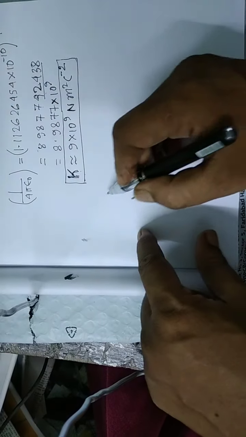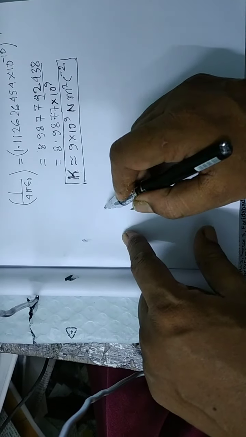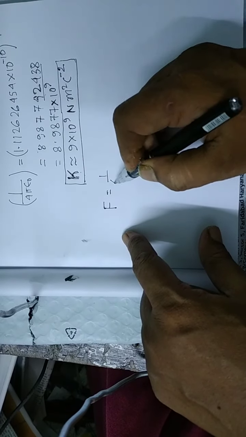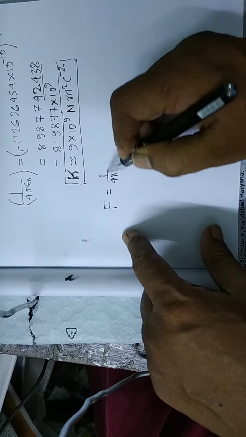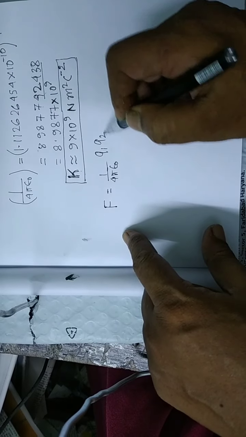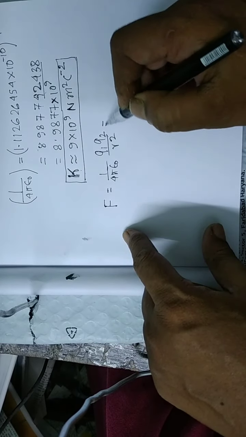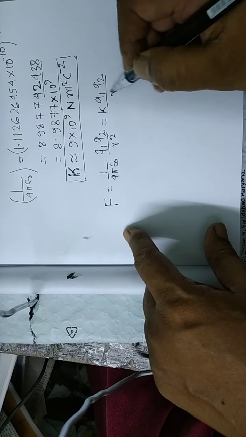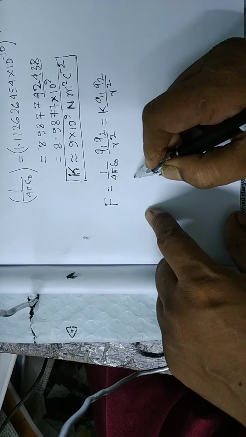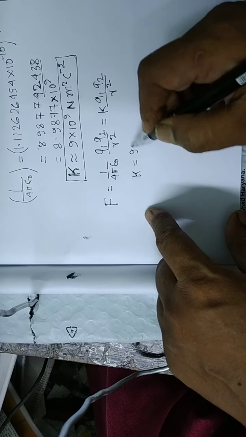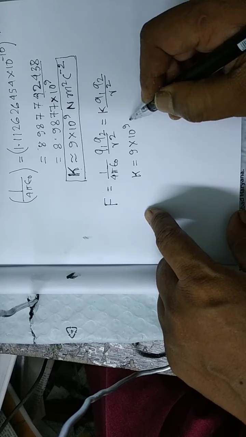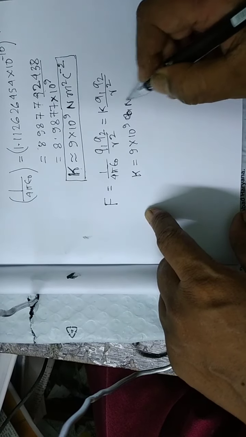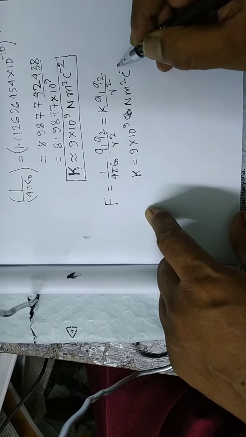So the force of attraction or repulsion equals 1 by 4 pi epsilon naught Q1 Q2 by R square, which can be written as K Q1 Q2 by R square, where K equals 9 into 10 to the power 9 Newton meter square per Coulomb square.